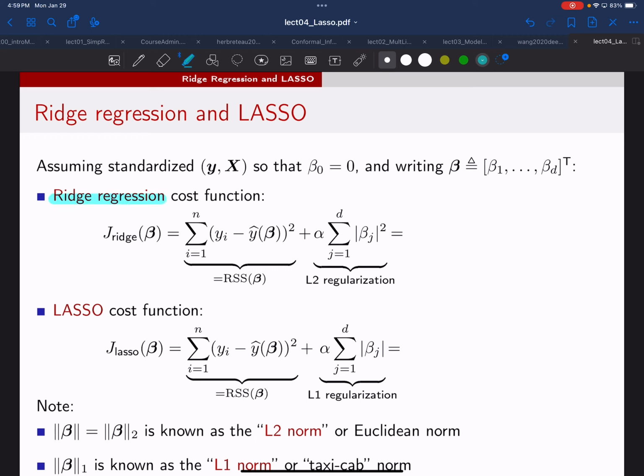I don't know where this first name comes from, ridge regression, but it's the one you get when you combine RSS with L2 regularization. The other name, LASSO, short for least absolute shrinkage and selection operator, I think, is when you combine RSS with L1 regularization. Those are the things we're going to focus on, for now at least.